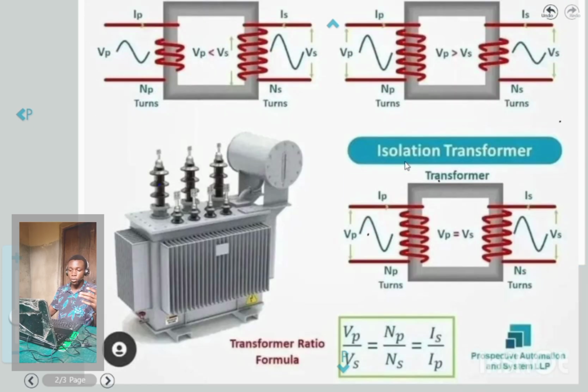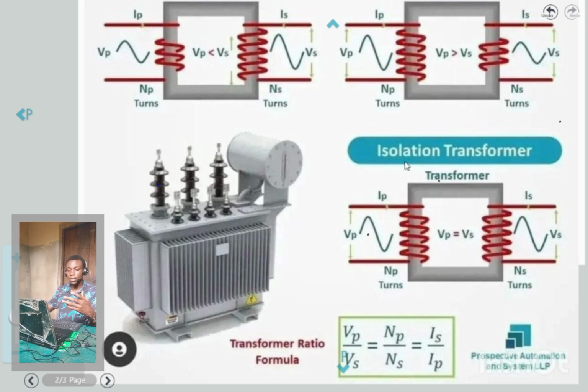And here we also want to talk about the transformer ratio, which is the formula for whatever problem we have at hand. Here we can see at the foot of this board that the ratio of the input voltage to the secondary, or you say the output voltage, is a constant. The same thing goes for the ratio of the number of turns in the primary coil of a transformer to its number of turns in the secondary coil, which is also equal to a constant.